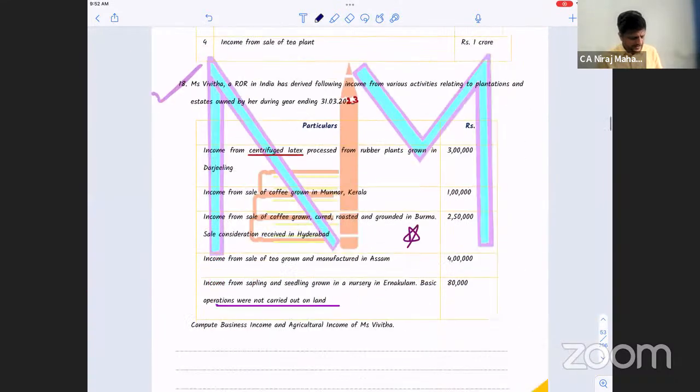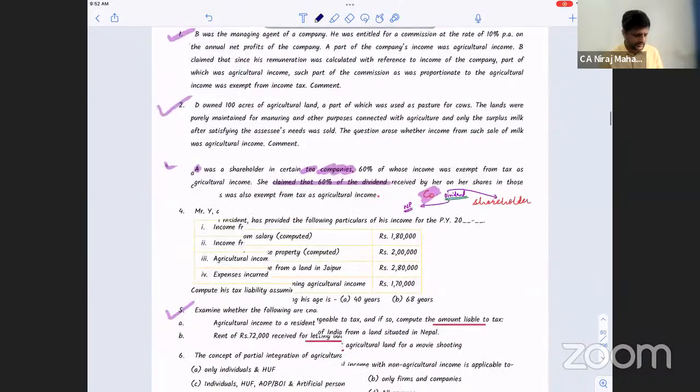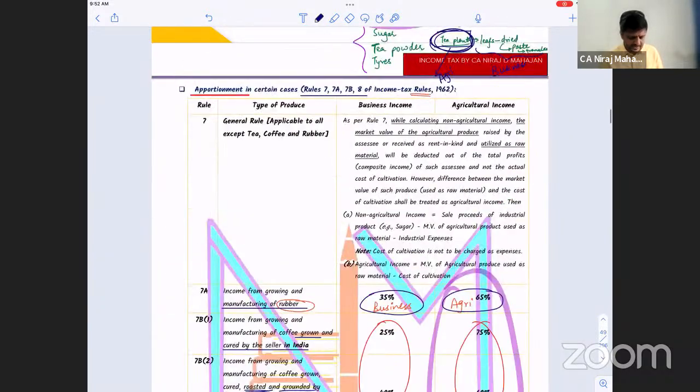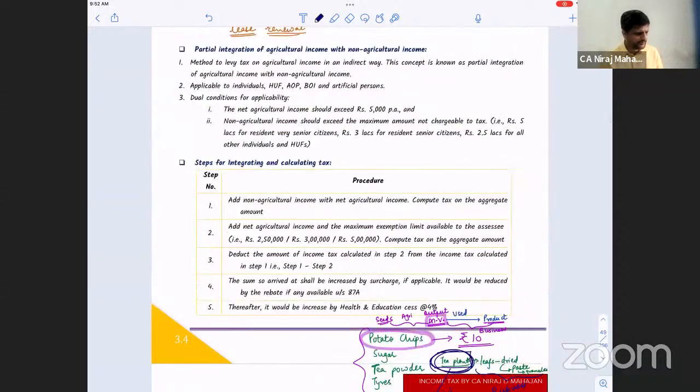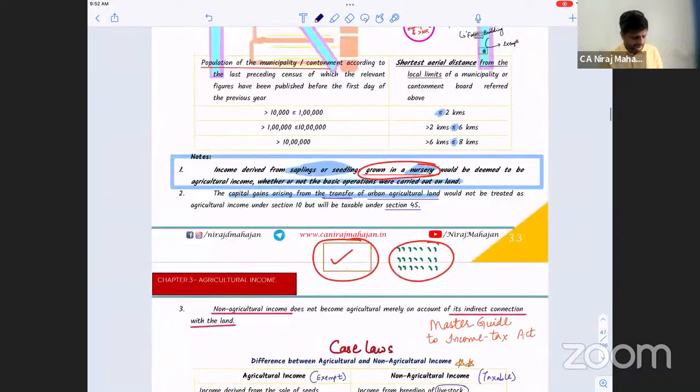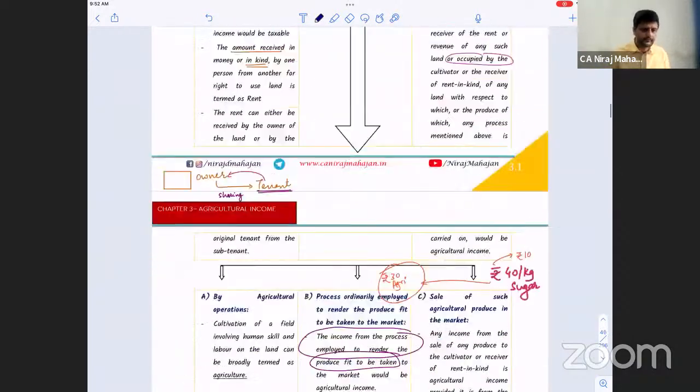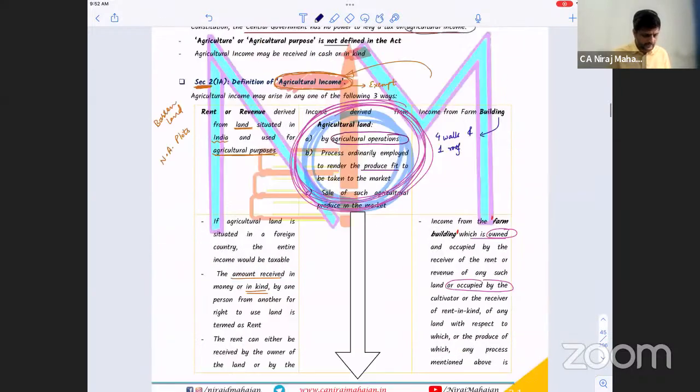Okay, you have to compute taxation only now. So only one part is kind of remaining, and one apportionment of rule number 7 is also remaining. Fine. All right. Take a break then.